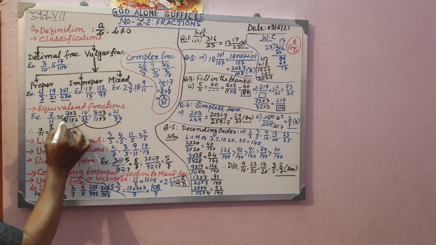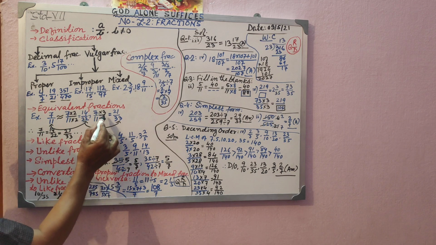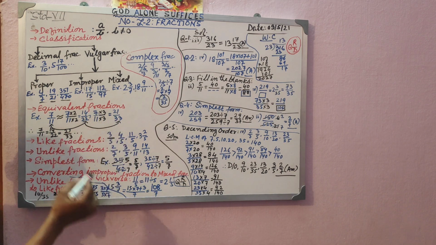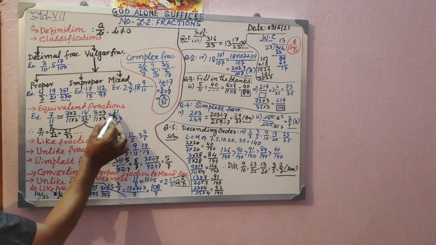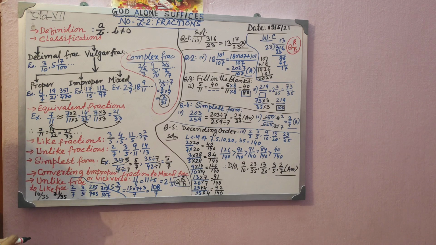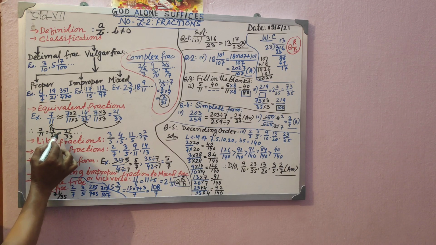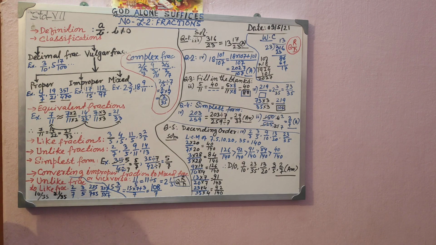Then multiply both with 3, and you get 21/33. So 14/22 and 21/33 are equivalent fractions of 7/11. You can write 7/11 is equal to 14/22 is equal to 21/33.